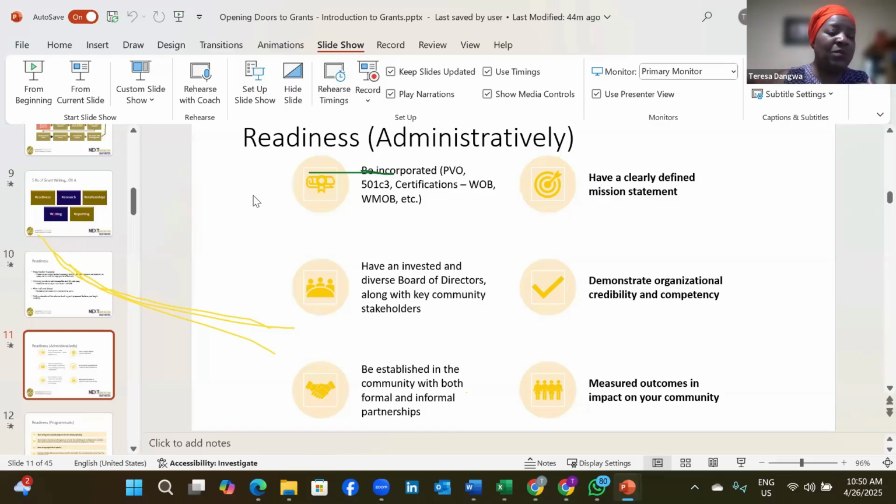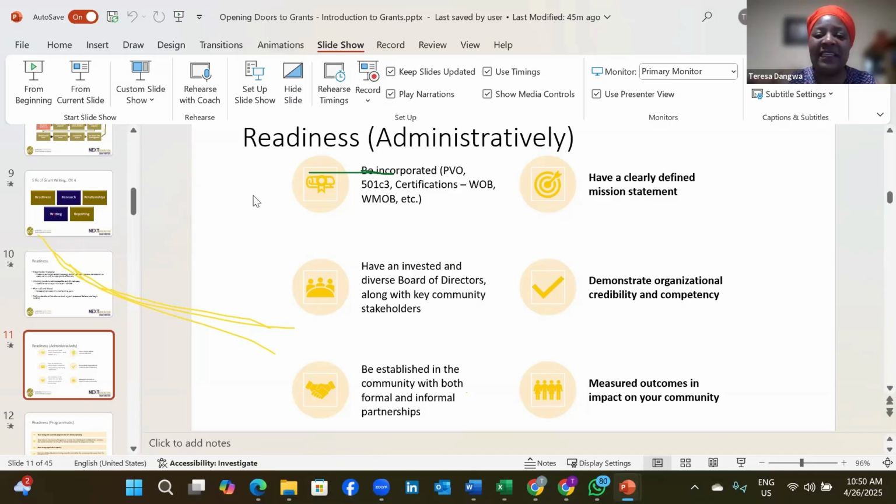Whatever the board in your country that registers nonprofit organizations, do you have a certification from there? Are you a 501c3 if you are in the US, or if you are in the US and doing work outside, do you have a 501c3? Are you a recognized entity, recognized by your government as an NGO or as a nonprofit?